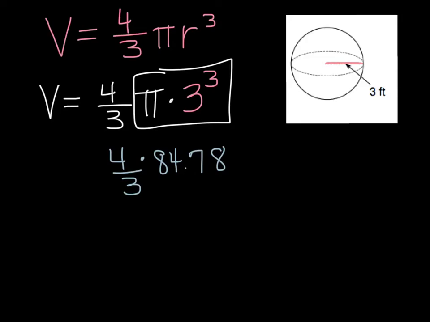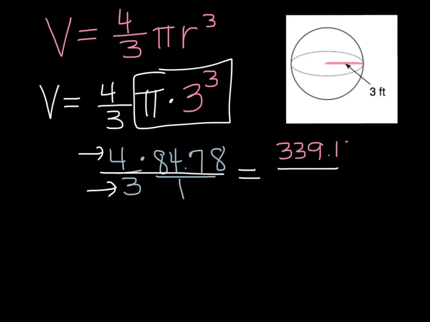Now I need to times that by 4/3. Here's what you can do to do that. I usually just put a 1 underneath here. When you times by 4/3, that's the same as timesing by 4 and then dividing by 3. So I'm going to go straight across, and I'm going to do 4 times 84.78, and I get 339.12.